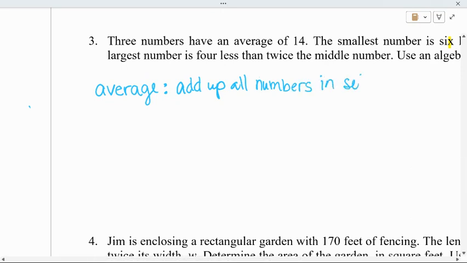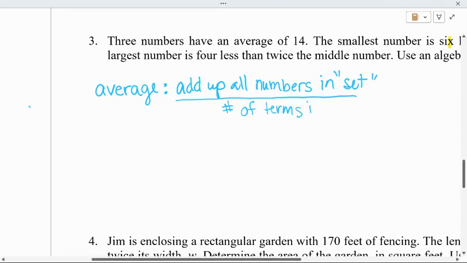And when I use the word set, I mean whatever numbers you're given, whatever numbers you're using. And then you take that sum and you divide it by the number of terms or numbers in your set.